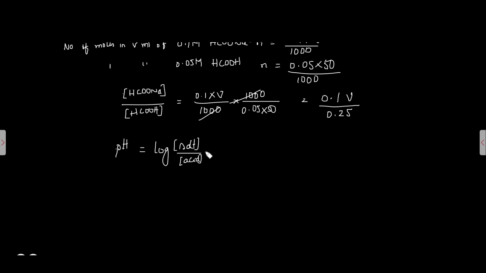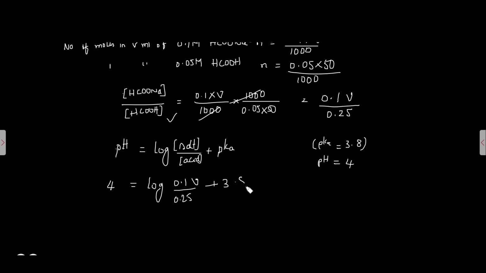Here Ka is given directly. pKa here is 3.8 and pH is also given, that is 4, right? When you substitute this, pH equal to 4 equal to log of, you already calculated this value. What is that? This is the value, right? 0.1 into V divided by 0.25, plus 3.8.